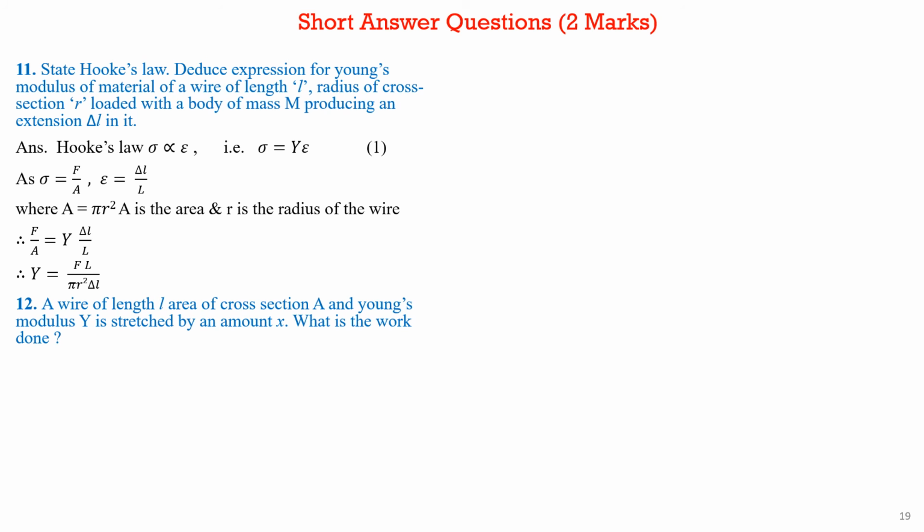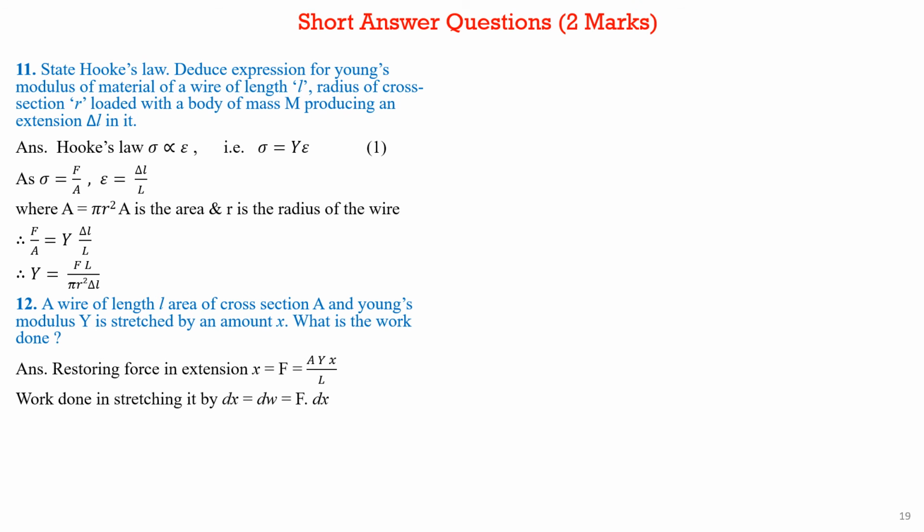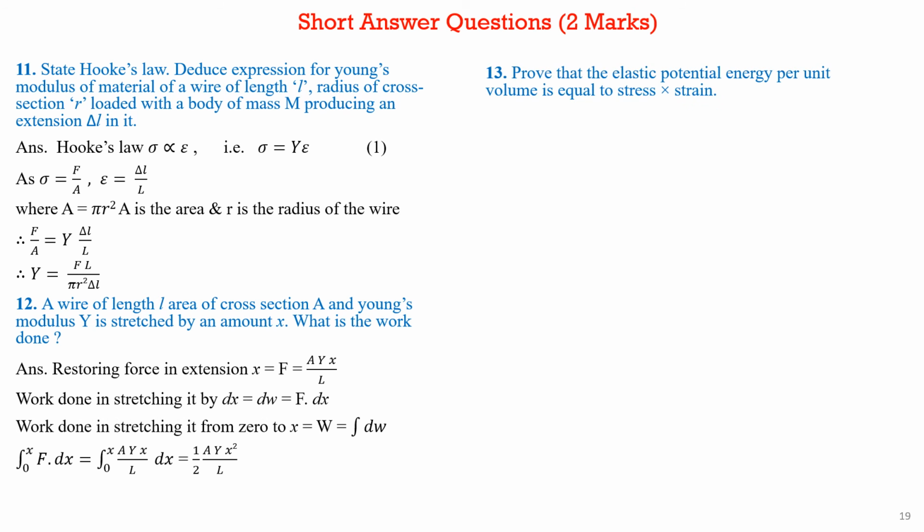Question number 12. A wire of length L and area of cross section A and Young's modulus Y is stretched by an amount x. What is the work done? So work done also example we have done it, and the answer is repeated. You can pause and copy down. Next we will take question number 13.